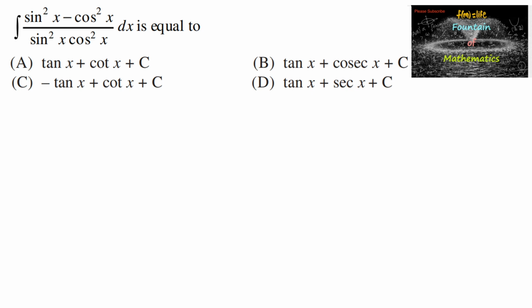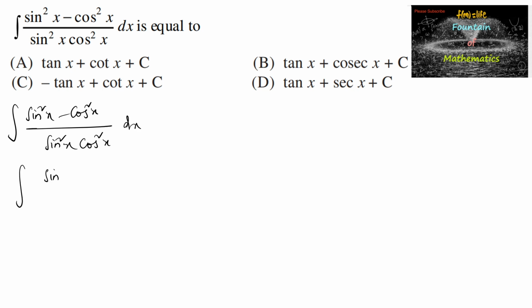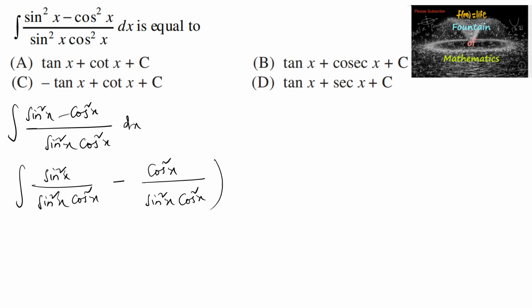Integral sine square x minus cos square x upon sine square x into cos square x dx. So we can simplify as sine square x upon sine square x into cos square x minus cos square x upon sine square x into cos square x dx.